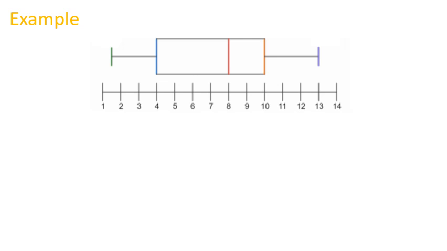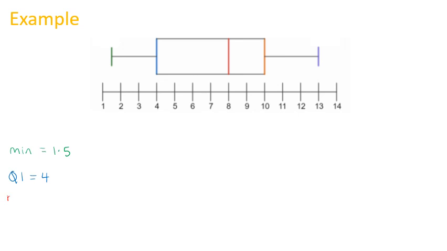So we'll do an example. We're going to determine the five-figure summary of this box plot. So the minimum is the part on this graph that's green. So it's between 1 and 2, so it's about 1.5. Q1 is the blue line, so it's at 4.